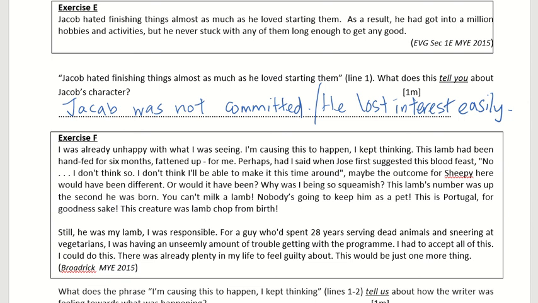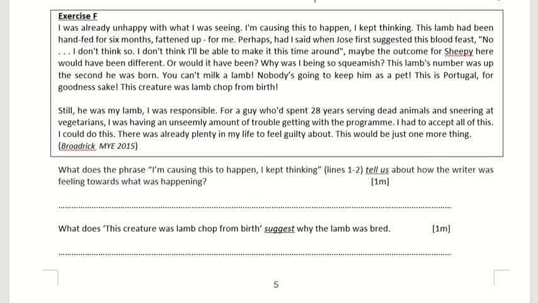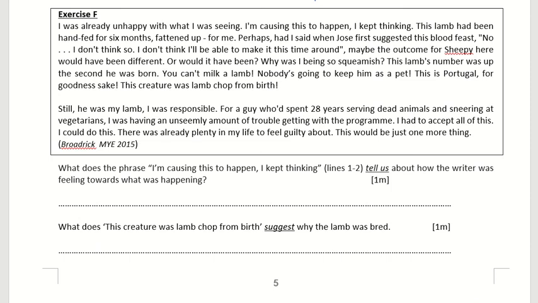Let's look at Exercise F. I was already unhappy with what I was saying. I'm causing this to happen, I kept thinking. This lamb had been hand-fed for 6 months, fattened up, for me. Perhaps had I said when Joseph first suggested this blood feast, no, I don't think I'll be able to make it this time round, maybe the outcome for Sheepy here would have been different. Or would it have been? Why was I being so squeamish?